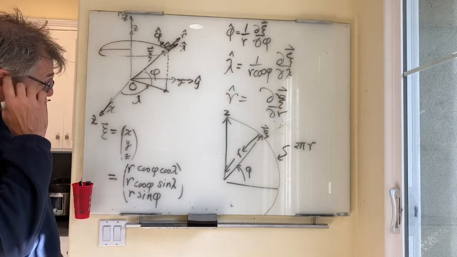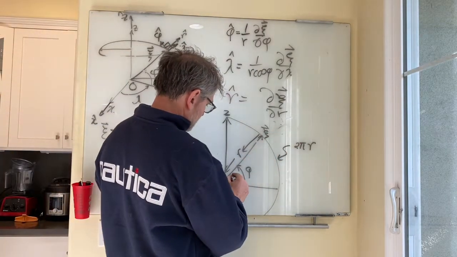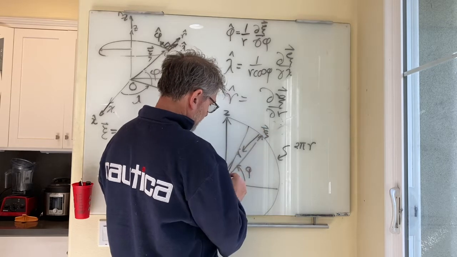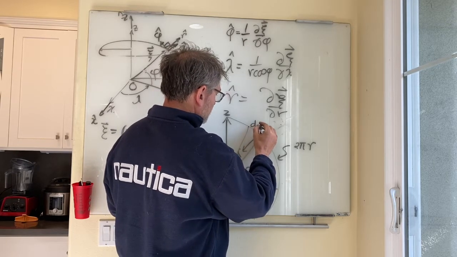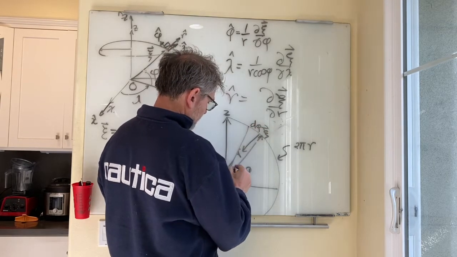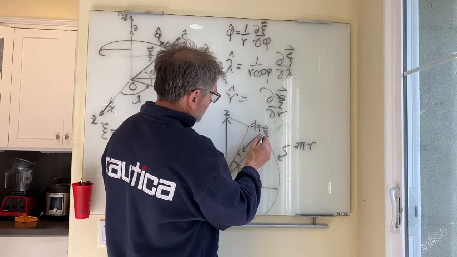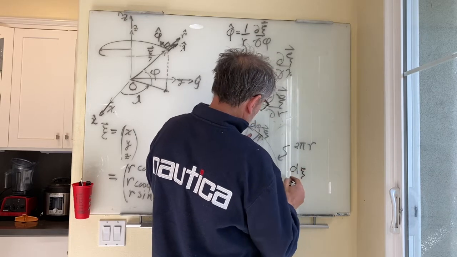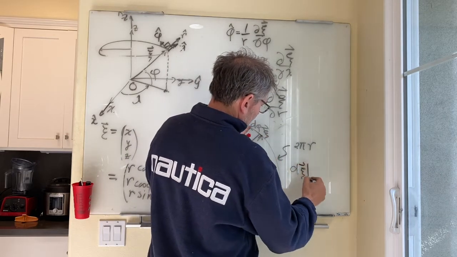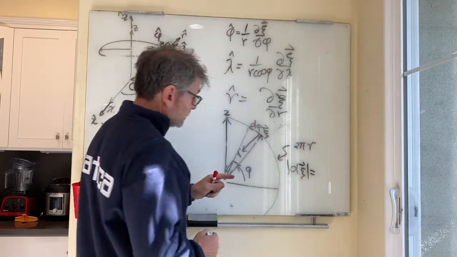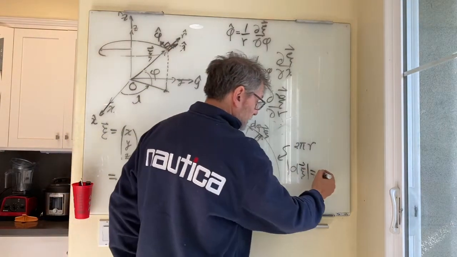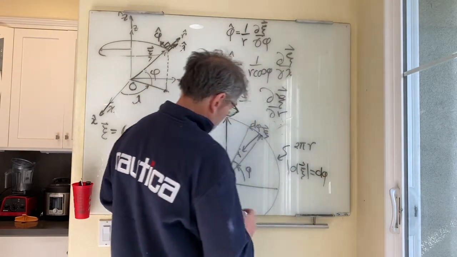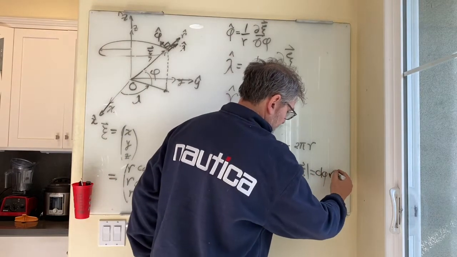So if I do a small increment d phi, so I go from here to here, this angle is d phi, and this length is d xi. So d xi, the length of the vector d xi, is going to be equal to d phi times the radius, which is just r.